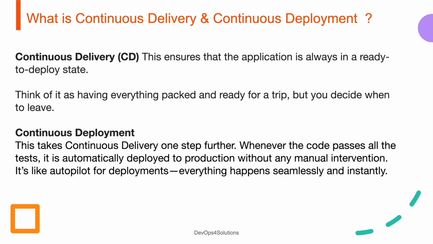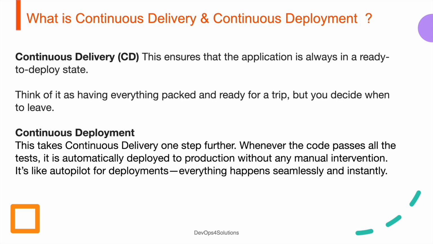Now let's talk about continuous delivery and continuous deployment. What are the differences between these two? Continuous delivery means your application is always in a ready-to-deploy state. It means your code is packaged, everything is ready, but you will decide when to release. So, the changes are available.